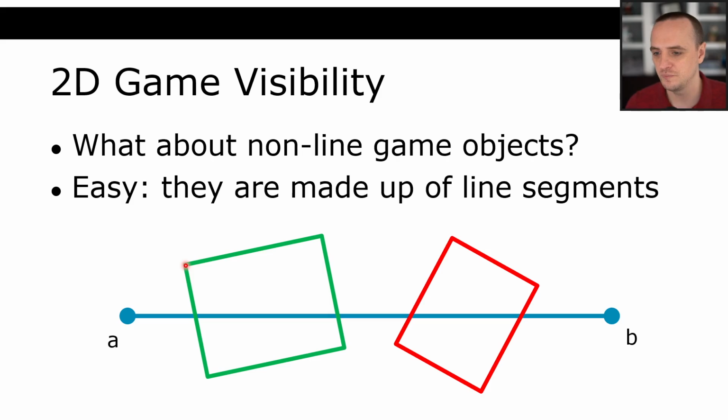So all you have to do is compute, okay, does line AB intersect with any of these line segments? So it turns out here that AB intersects here, here, here, and here. But if we're doing something like a lighting calculation, we only want the light to go this far, right? We only want it to go right here and stop as soon as it hits this thing. So what we do, we find the places that it intersects, and we just take the closest one. That's it. Alrighty.